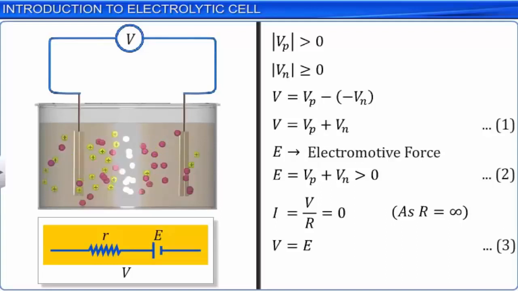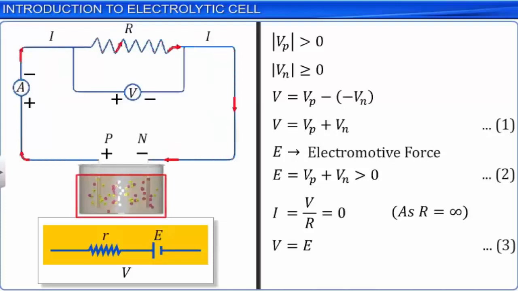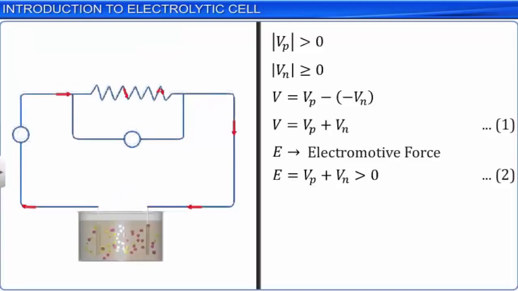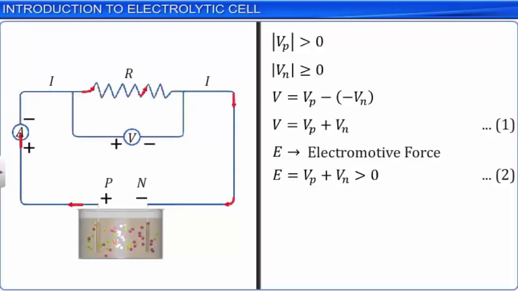Let us now return to the original circuit consisting of a resistor with a finite resistance. A resistor with a resistance equal to R is connected across the cell.